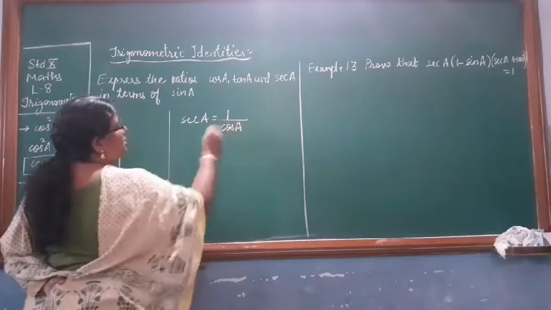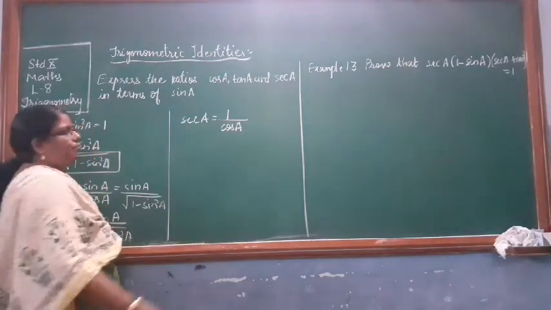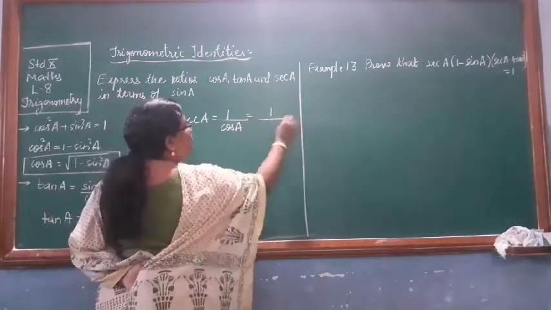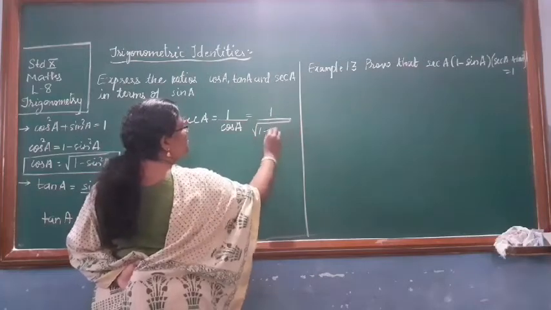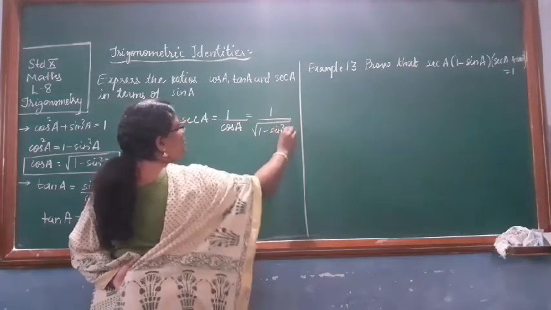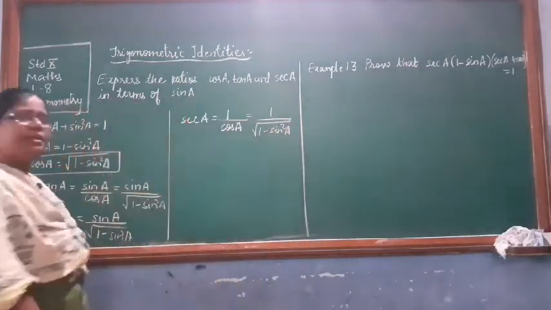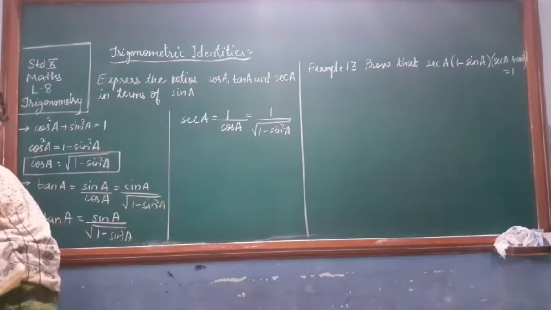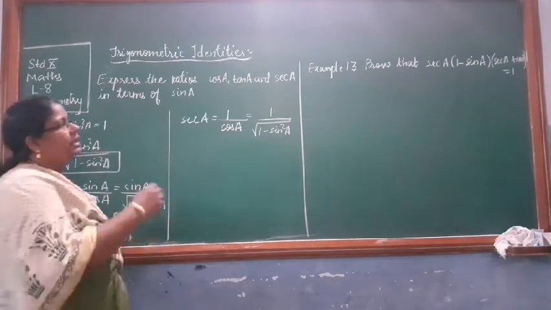So you can write sec A is 1 by cos A, and the value of cos A you know is under root of 1 minus sin square A. Again sec A also you got in terms of sin A. So this is done.